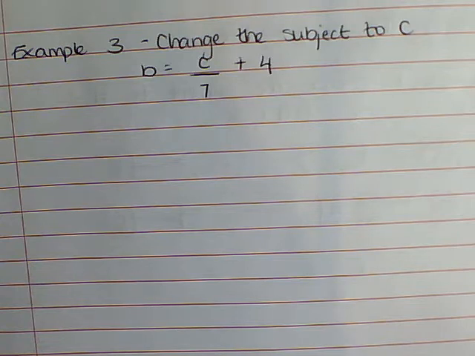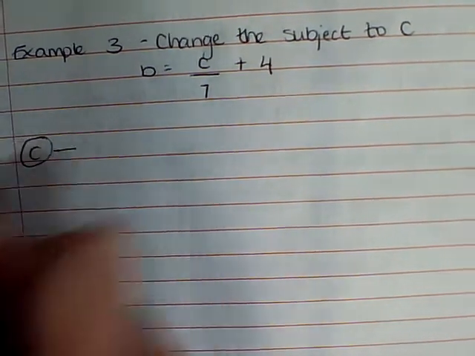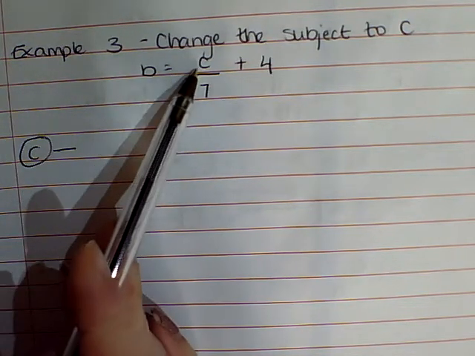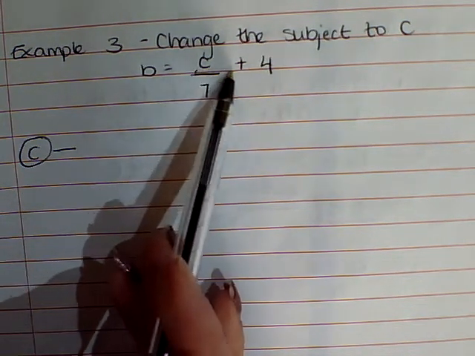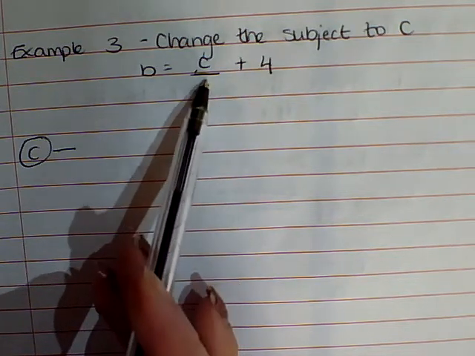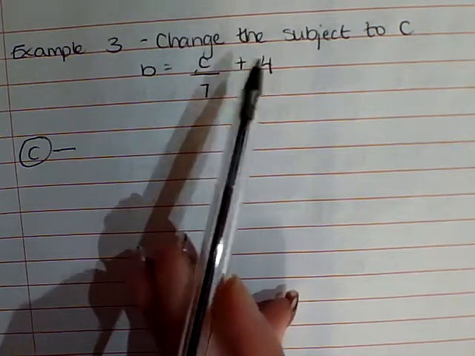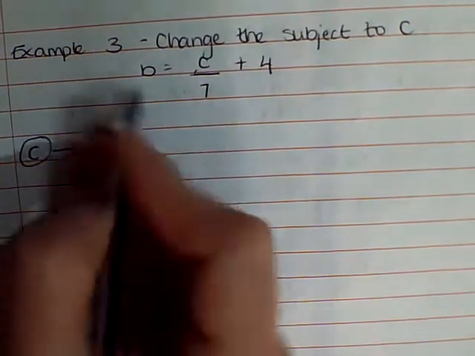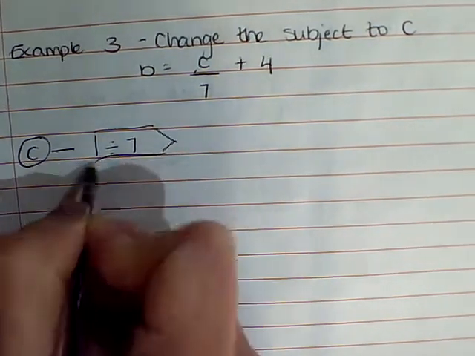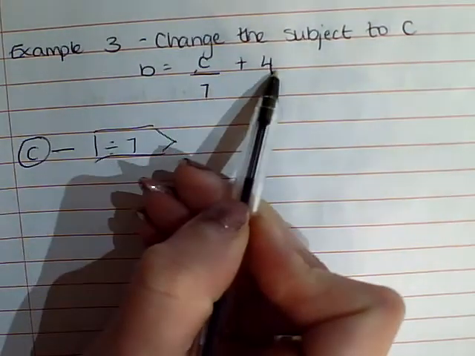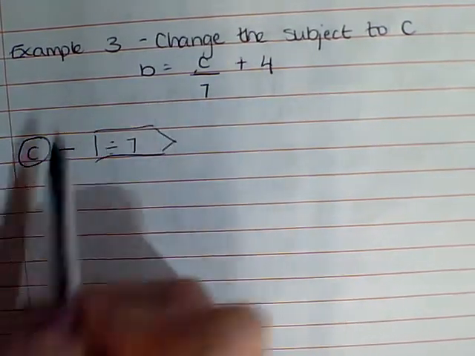So we wish to change the subject to C. So I've got C, and because the whole thing's not divided, I'm not going to add 4 first. I'm going to divide by 7 first, because this line doesn't go across. If the line went across, all the way across, I would add my 4 first.